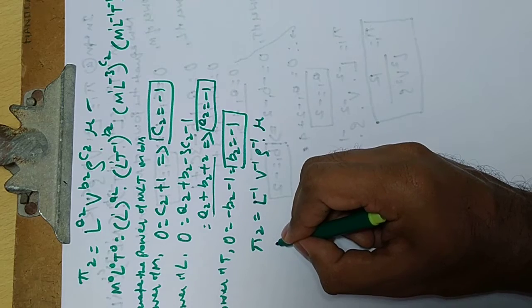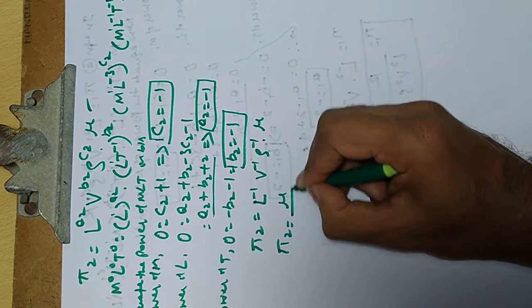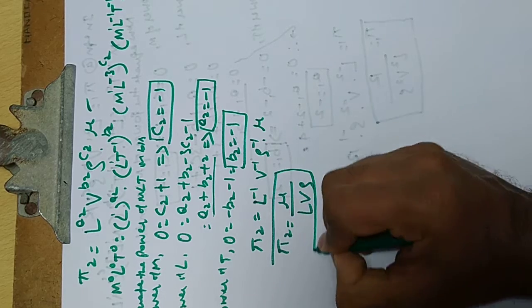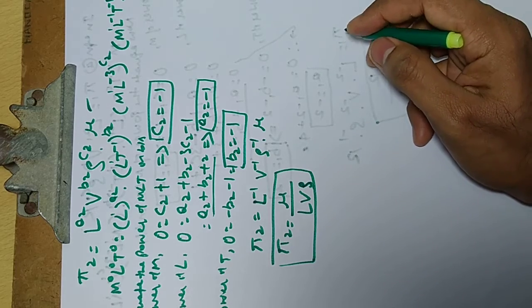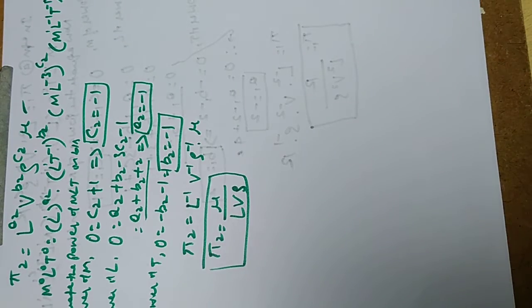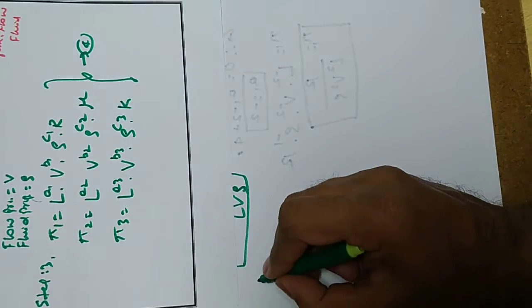So pi 2 becomes mu divided by L V rho. The last pi term left is this pi 3. Next, similarly you do this one.